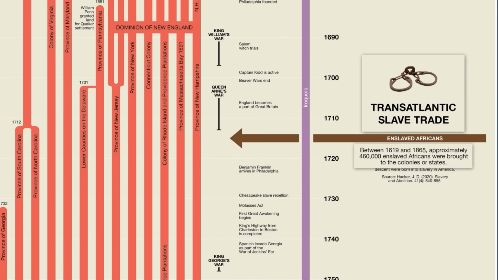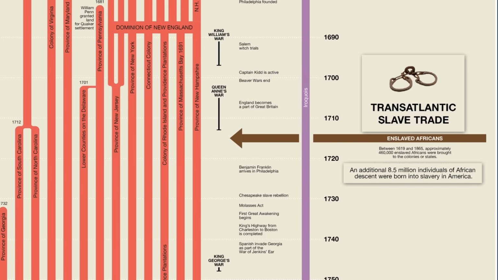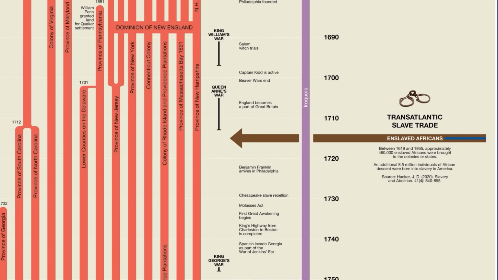On top of this, an additional 8.5 million individuals of African descent were born into slavery in either the colonies or the states themselves. So this big line here represents this sad but very important part of American history, which must never be forgotten.